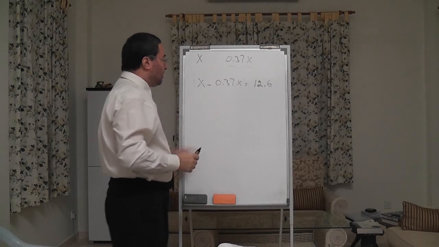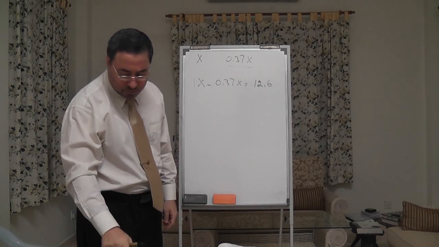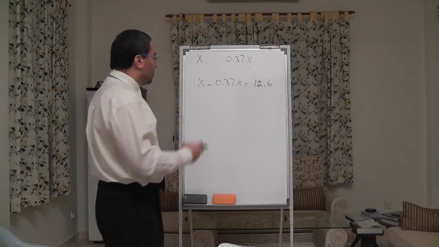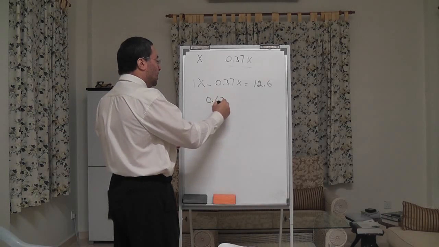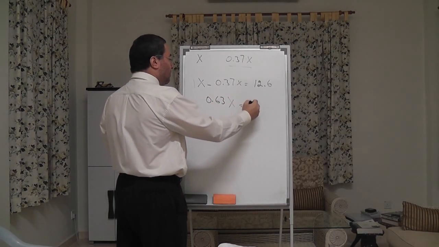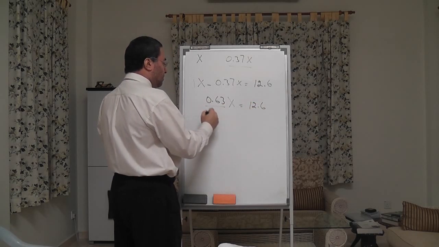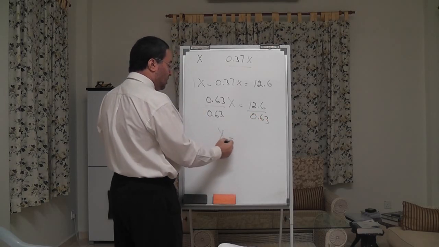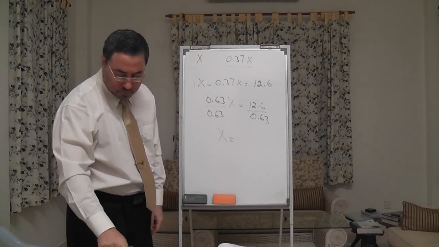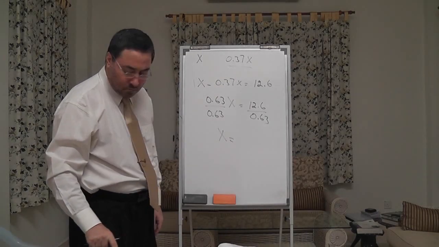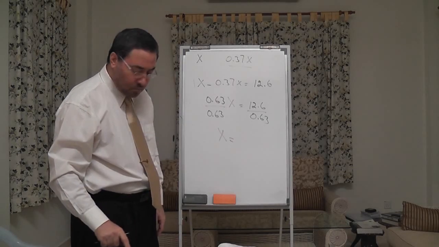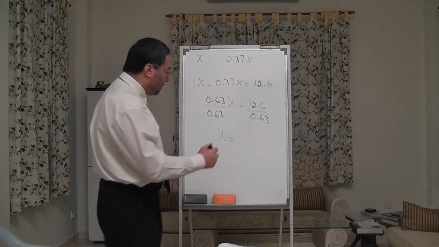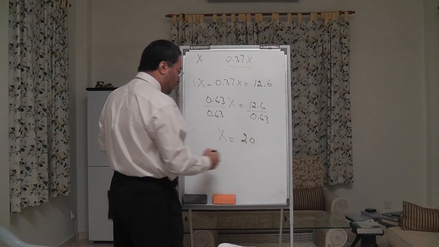Here this is 1x, so I can do 1 minus 0.37, and that's equal to 0.63x equals 12.6. We divide both sides by 0.63, and we get x equals 20. And that's the answer.